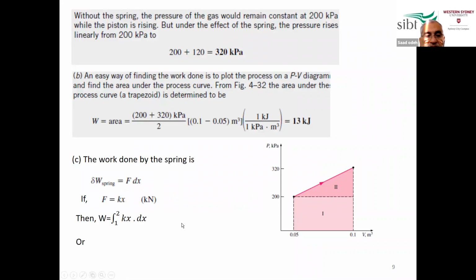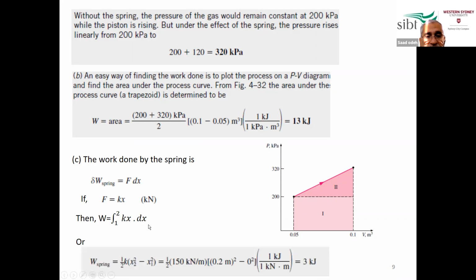Again, the work is the integral of F dx between 2 points, because the change in x is from x1 to x2, so initial x is 0 and final x is 0.2.